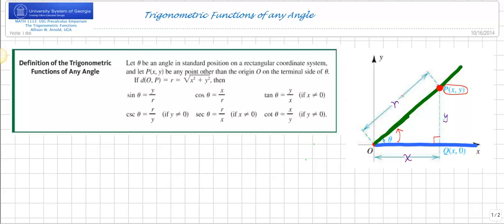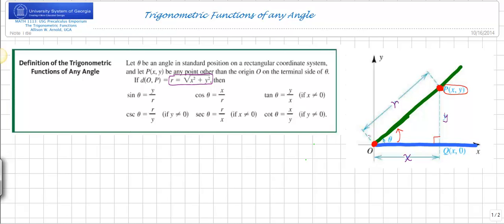But in general, the length r is the distance from the origin, so from the vertex, to the point on the terminal side. And for that reason, r will always be described as the square root of x squared plus y squared, because again, it's the distance between the points 0, 0 and x comma y.